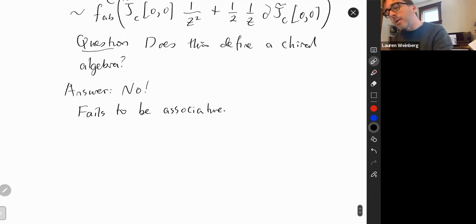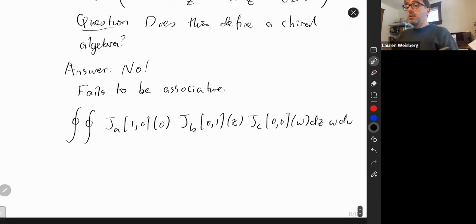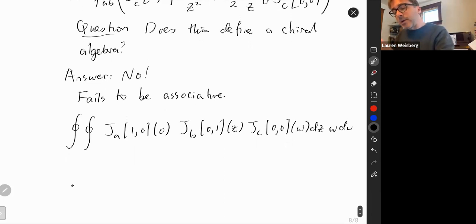If you look at the following, associativity in chiral algebras is formulated in terms of change of contour.